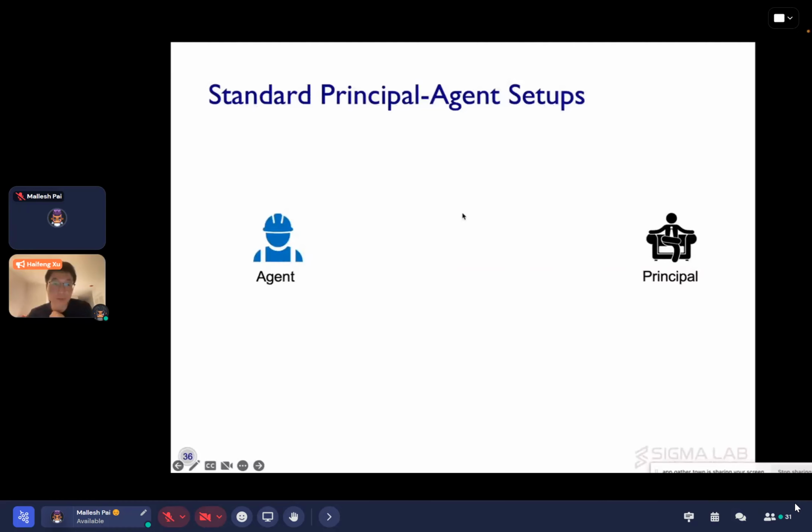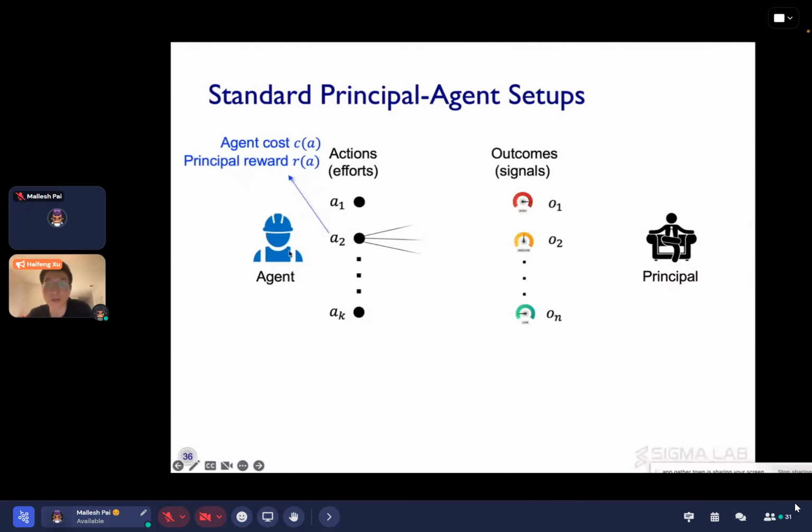The standard principal-agent setup is the following. You have a principal and you have an agent. The agent is the action taker. It has a bunch of actions. Typically, you can also call them effort levels, as in much of the econ literature. Each action is going to make the agent suffer some cost, but also benefit the principal with some reward R. But the core issue in this principal-agent problem is that the principal cannot directly observe the action.